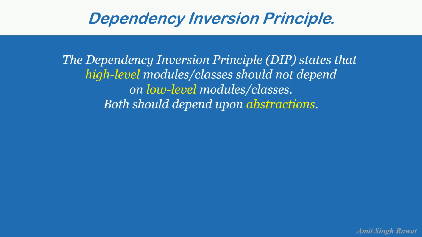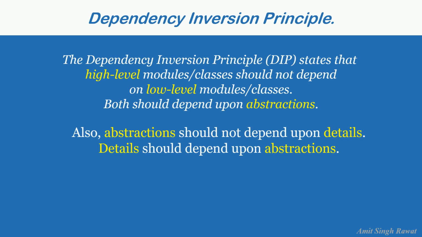Both should depend upon abstractions. Also, abstractions should not depend upon details, but details should depend upon abstractions. Again, I am assuming you have a basic idea of what DIP is. Just in case you are completely unaware of what DIP is, I would strongly recommend watching that video and then getting back to this video.